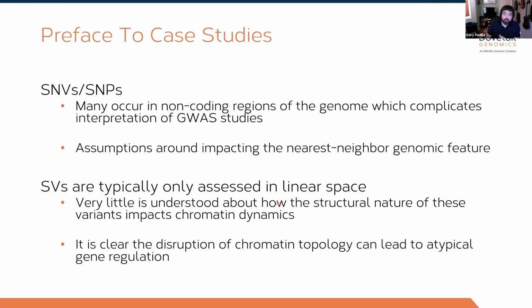But what has been noted in the literature is it's quite clear that disruption of chromatin topology in general leads to atypical gene regulation. And so we're going to walk through a case study that links that structural variation to alteration of genome topology and what that means for gene regulation. That really gets you to that phenotype that you're observing maybe through RNA-seq type data.